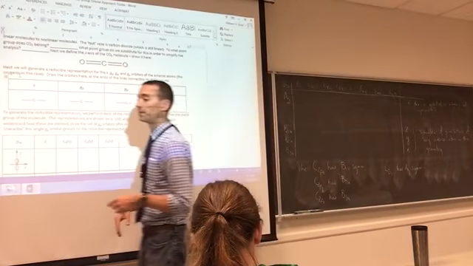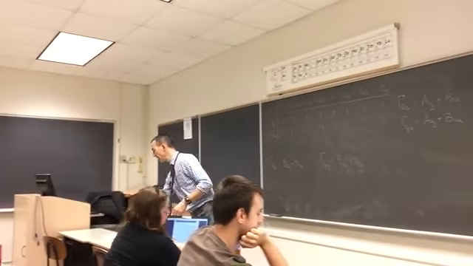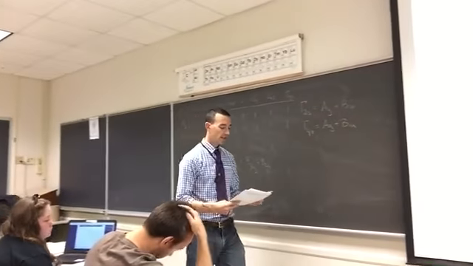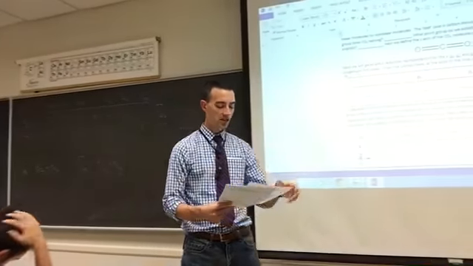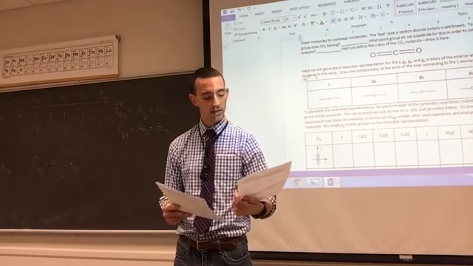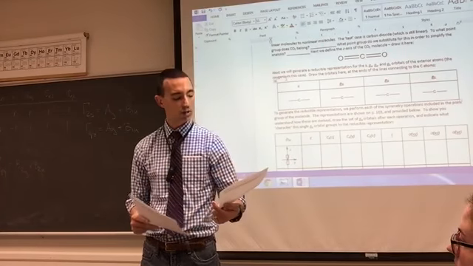Okay? So I have a homework assignment for you today. It focuses on some of the underlying bare bones aspects of this. There's another bond order calculation, which should be pretty straightforward.